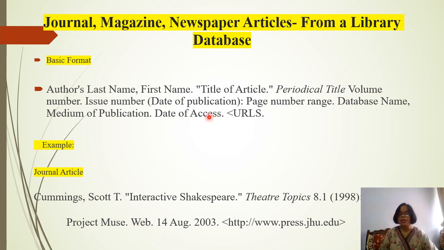Then date of access. Date of access means when you have accessed this particular quotation. So the date of access is 14th August 2003, and then URL we are going to write. So this is example for the general article, right?